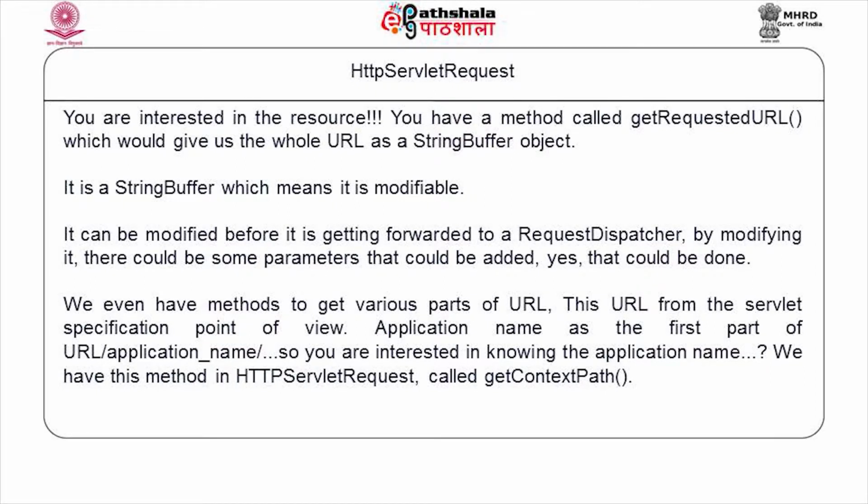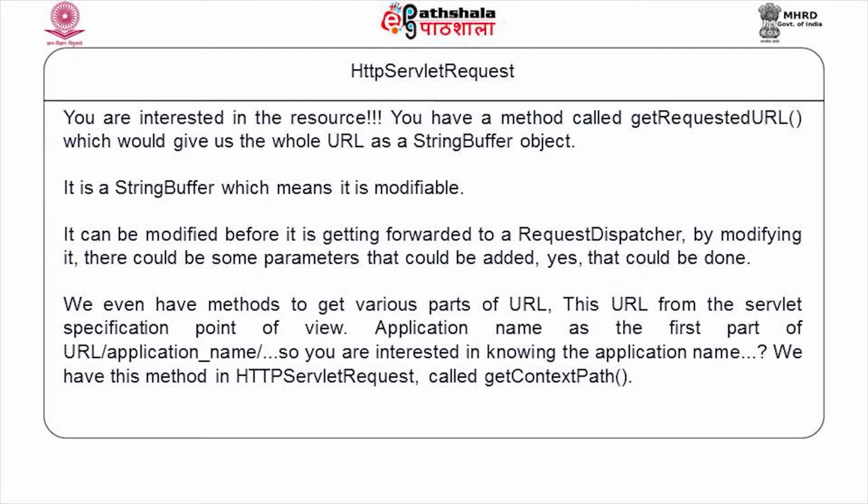We even have methods to get us the various parts of the URL. In this URL, from the servlet specification point of view, we have the application name as the first part of the URL, the very first unit after the slash.